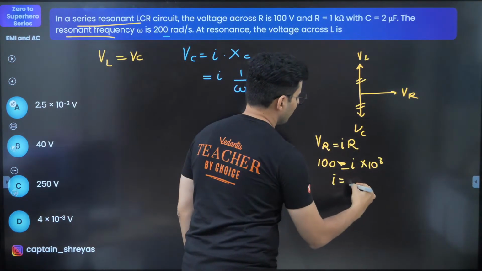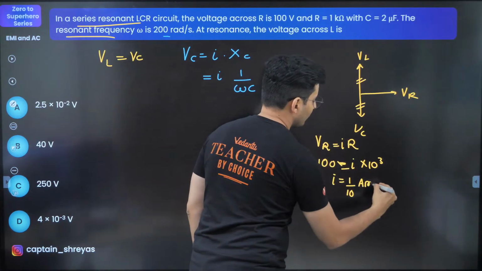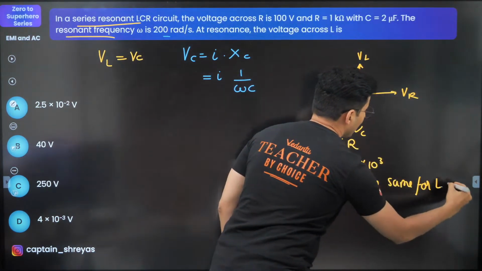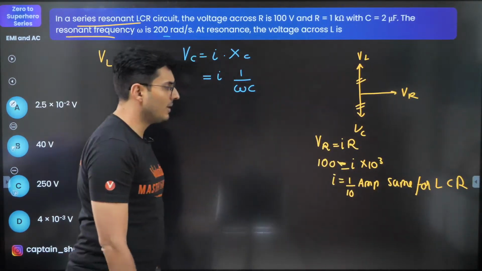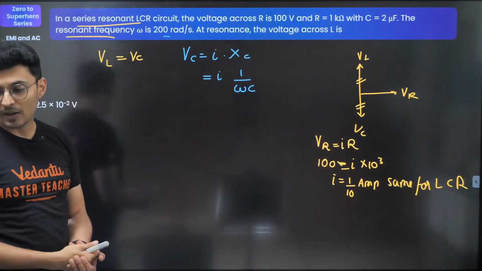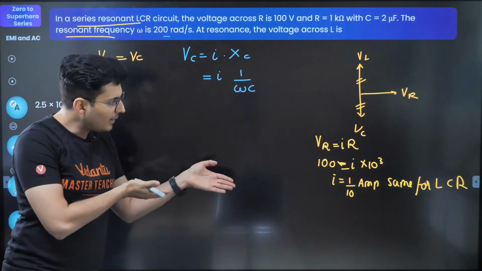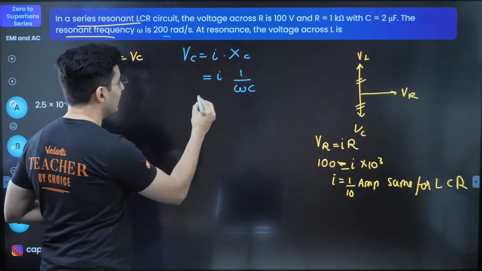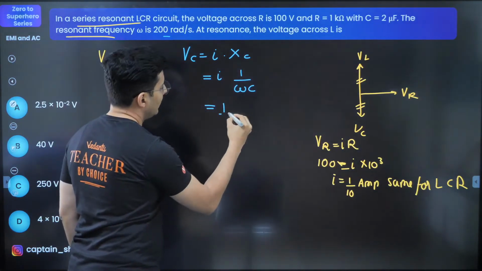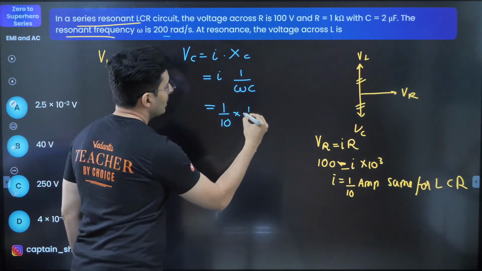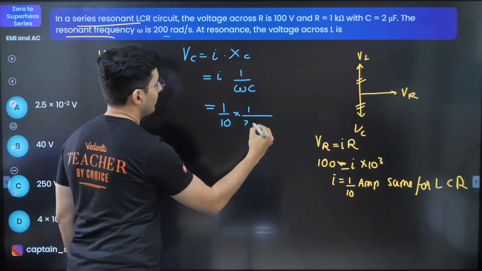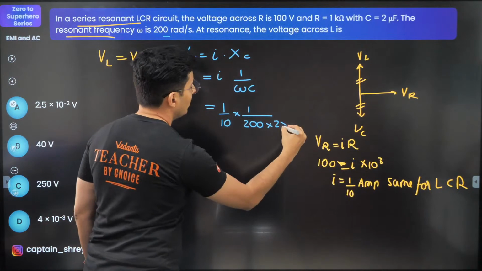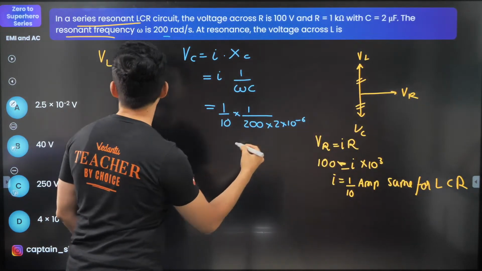So the current is 1 by 10 amperes, which is the same for L, C or R. Now substitute it. The current value is 1 by 10. Omega value is 200. C value is 2 micro, so 2 into 10 to the power minus 6.